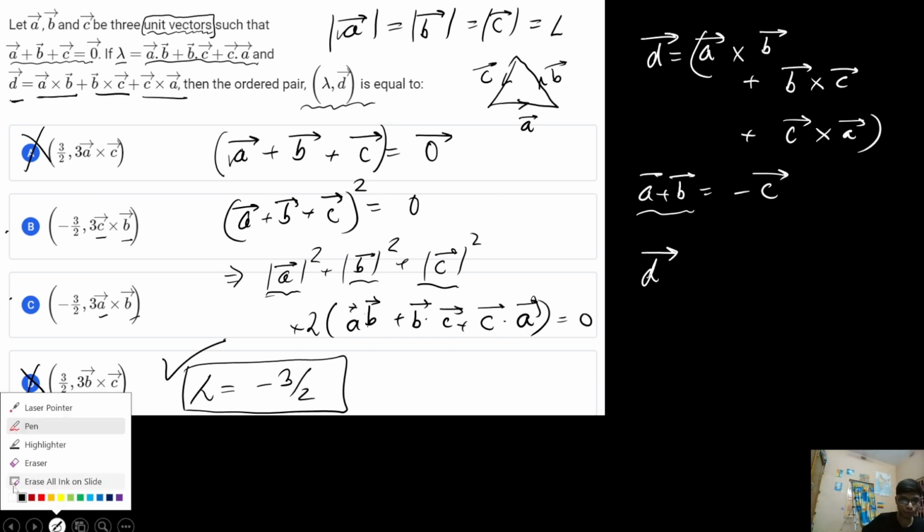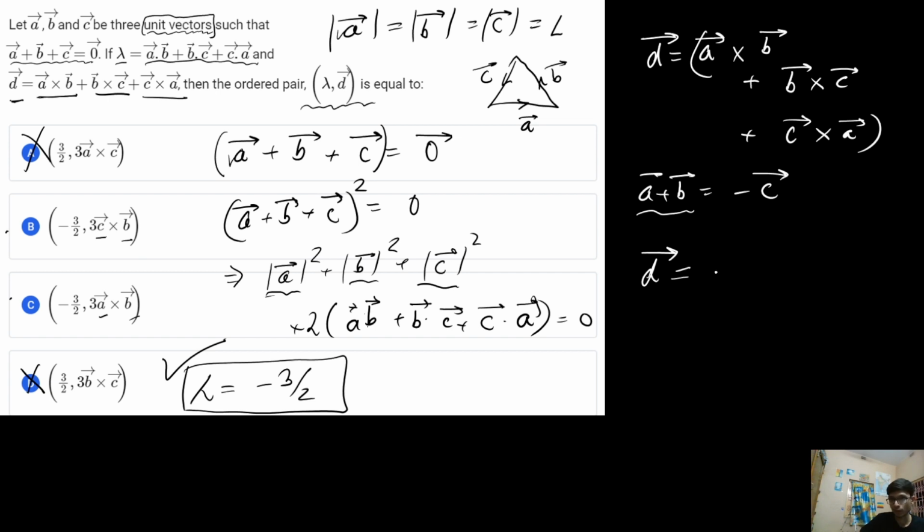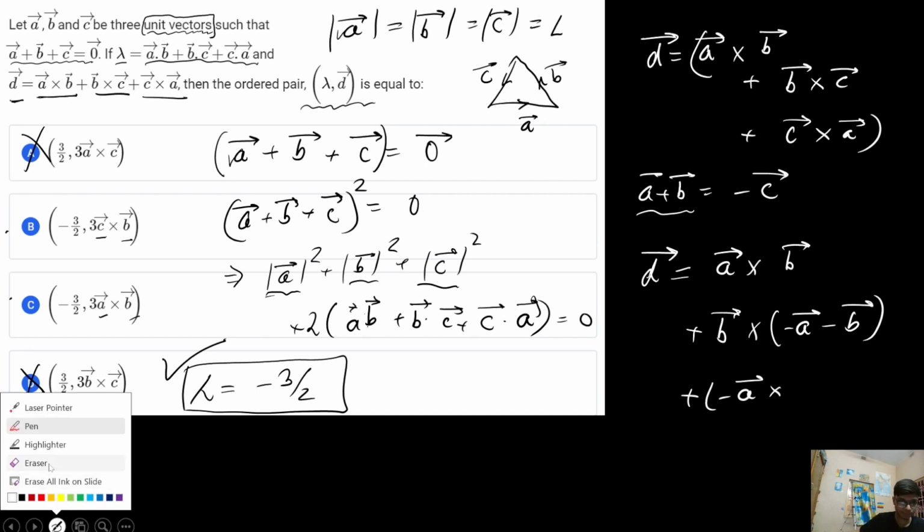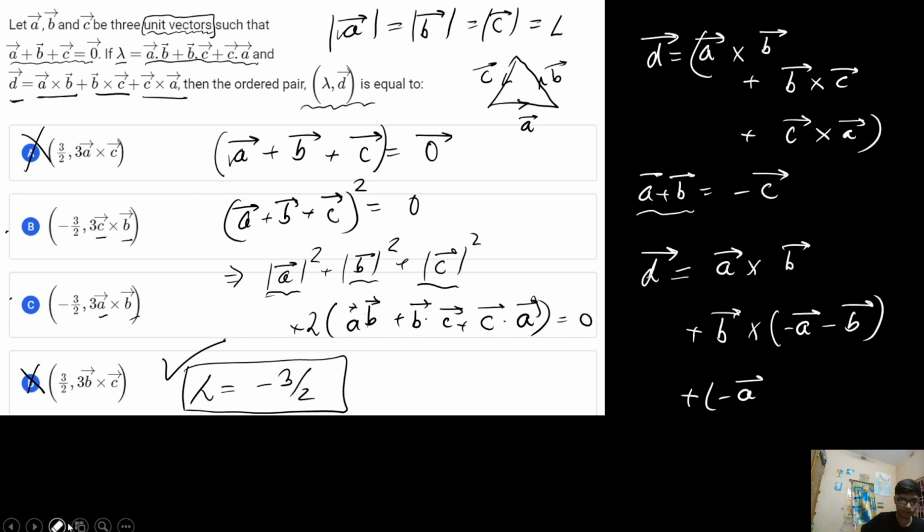Okay, so from here if we go on and solve, I will get the first vector as A cross B vector, and the second vector I will get as B cross minus of A vector minus of B vector. Similarly, from C vector I can write this as minus of A vector minus of B vector cross C vector.